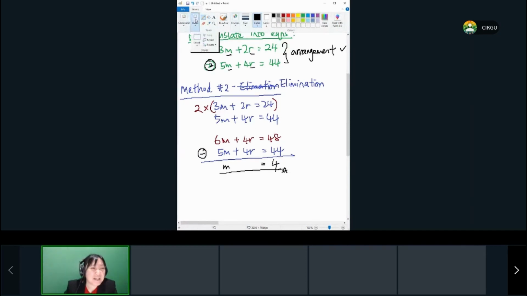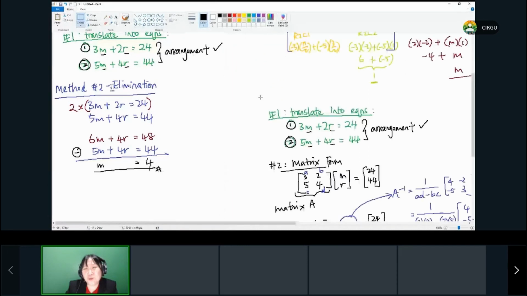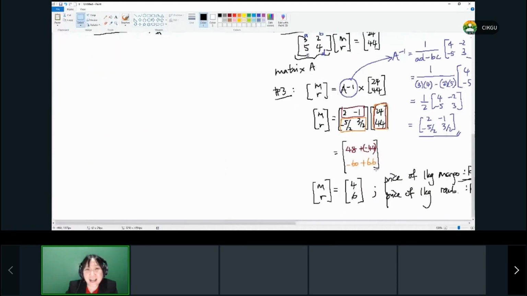This is where, I don't know how you guys are there lah, obviously I cannot see you. But normally when I teach until here, some students are like, ya Allah, teacher, so easy. Why does the SPM want us to do the matrix form lah?